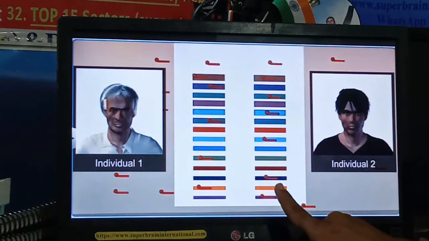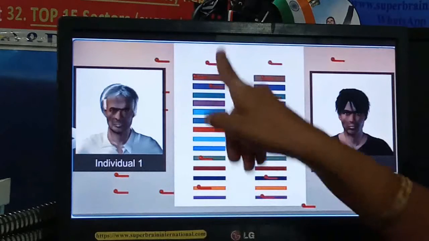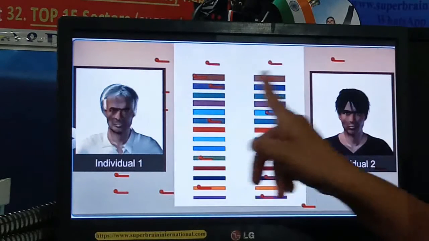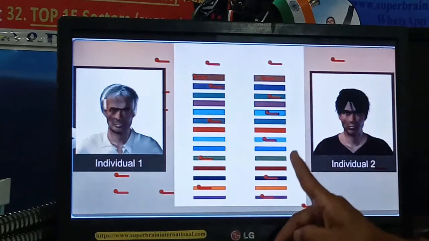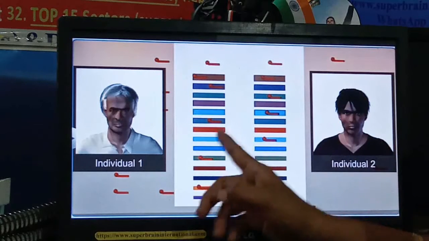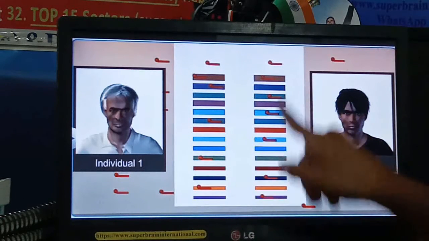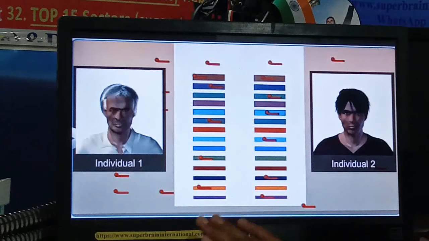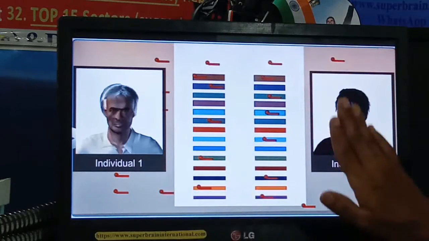If you check how their DNA matches with the probes, it varies, right? In this way we can see there is a difference in the genetic material of two individuals. This is DNA fingerprinting. You can see that if two different individuals are tested, the pattern will vary.